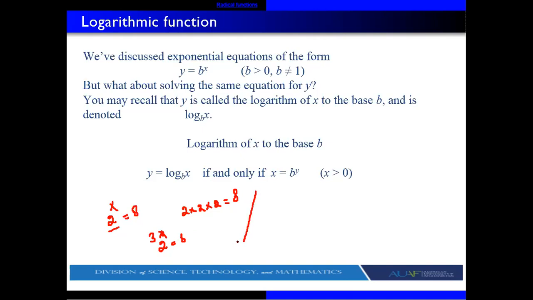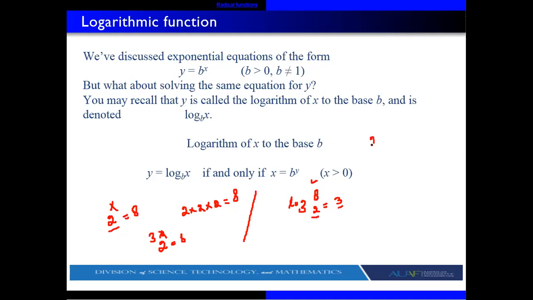So how can we write this in the form of log? We can write log of 8 at the base of 2 equal to 3. This means we can multiply 2 with itself 3 times to get 8.